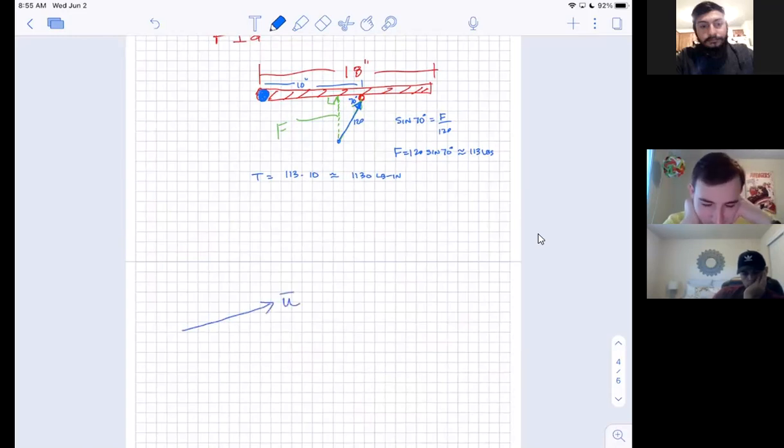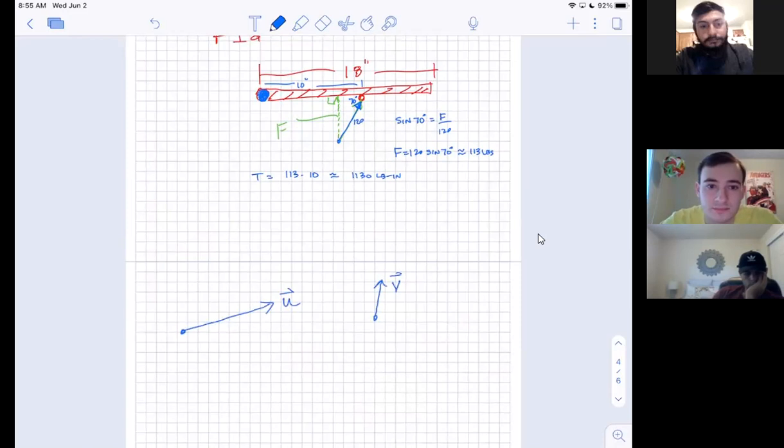So if this is vector u, which remember can be anywhere, and this is vector v, which in this case I am going to draw somewhere else.